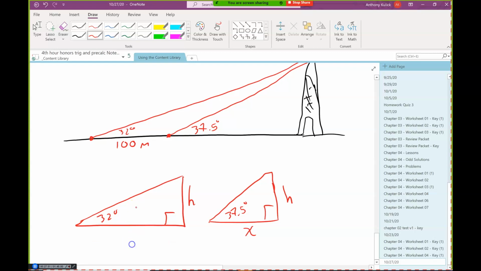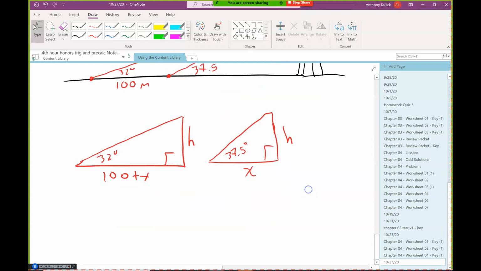How many variables do we see? 2, right? In order to solve 2 variables, what do we need? How about a system of 2 equations? Everybody agree with that? So for this triangle, I can say that tan 32 is equal to opposite over adjacent.